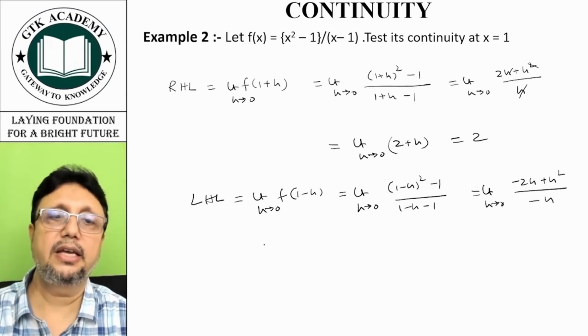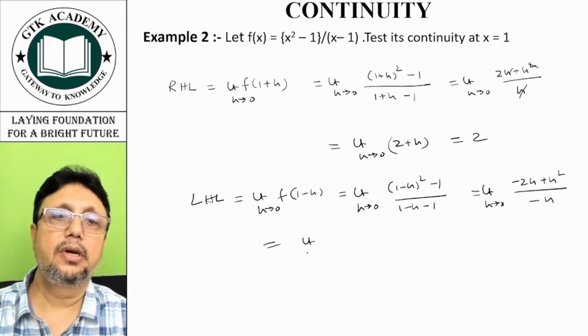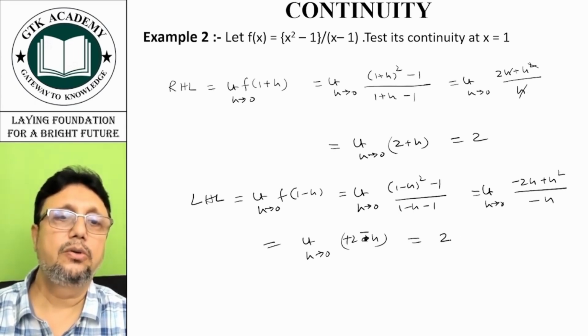So minus h will get cancelled and it will become limit h tending to 0, minus 2 plus h, which is equal to plus 2 minus h, right? So this is equal to 2.